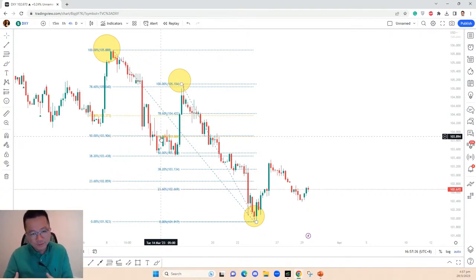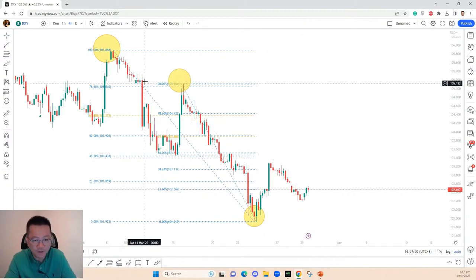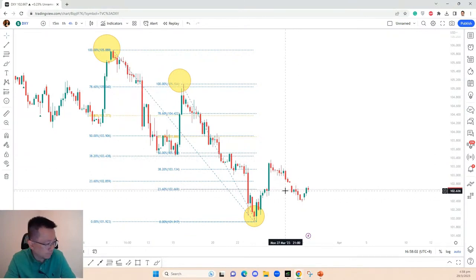So one thing I always remind everyone is, don't try to be too fixed on a price level. Near enough is good enough. You can see that in this case, price came up quite close to that 38.2, quite close to that 50% level, and then retraced back down again.